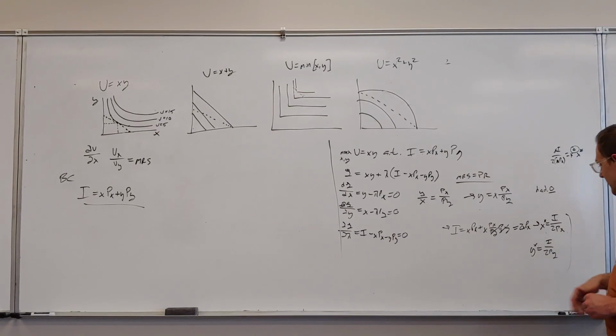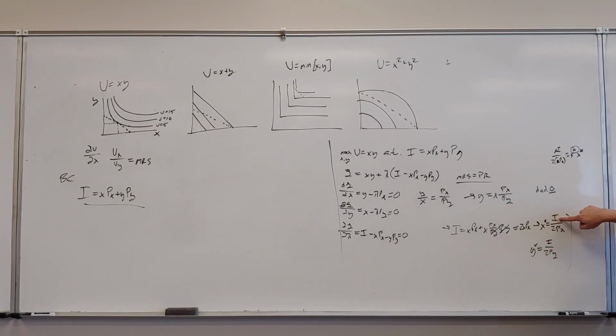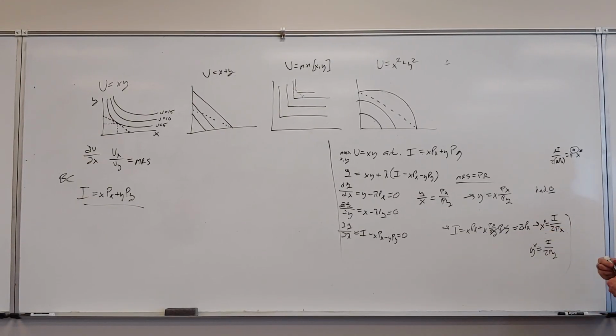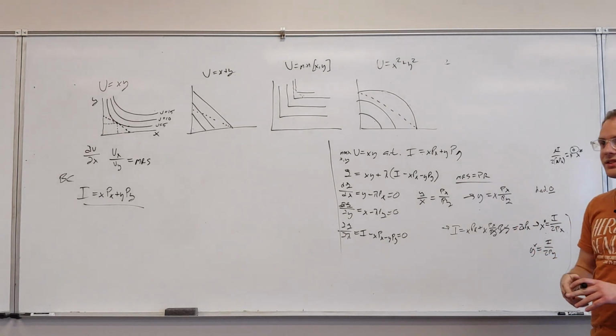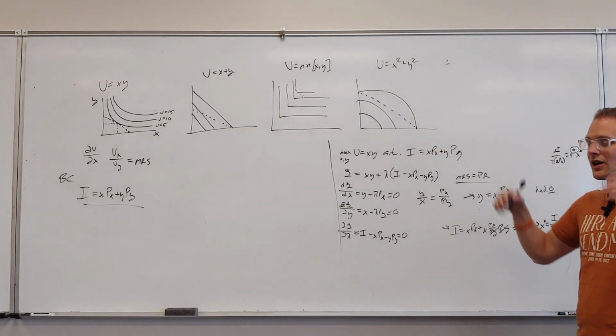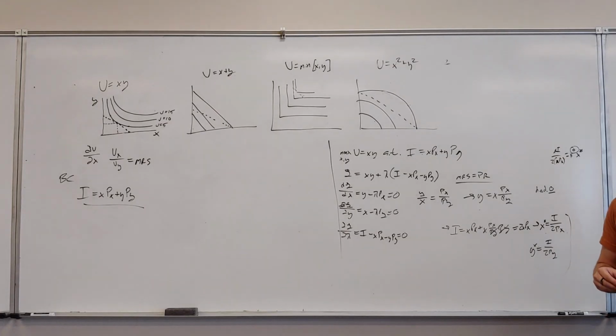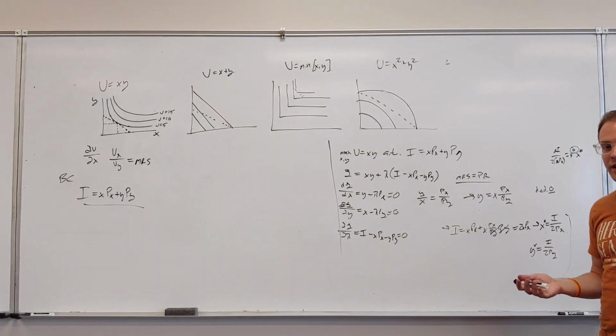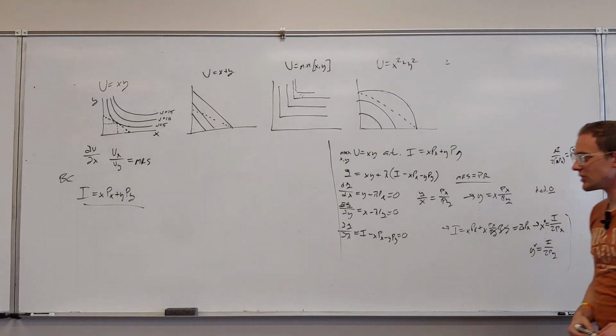Which makes sense. In fact, everything about these functions makes sense. If I increase my income, then I buy more x. If the price of x rises, then I buy less x, okay? So that just makes sense. And if I increase income and prices, let's say inflation happens and income and prices increase by the same amount, then the amount of x and y I buy actually will not change at all. So they're homogeneous of degree 0.